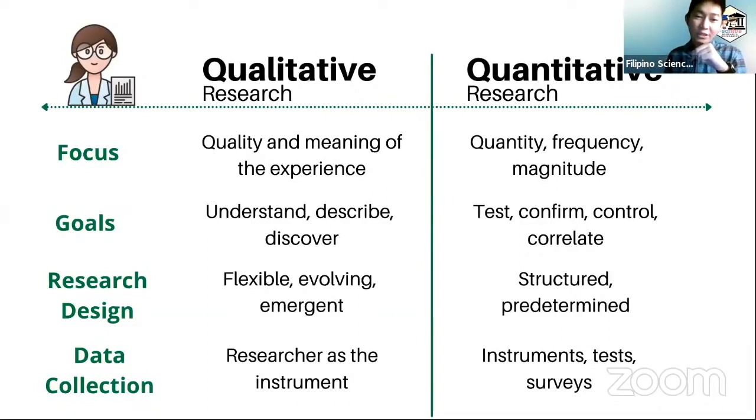It depends on his capabilities and capacities. And while on the other hand, the quantitative research makes use of instruments, tests, and surveys to collect data in the form of numbers or numerical figures. Okay?